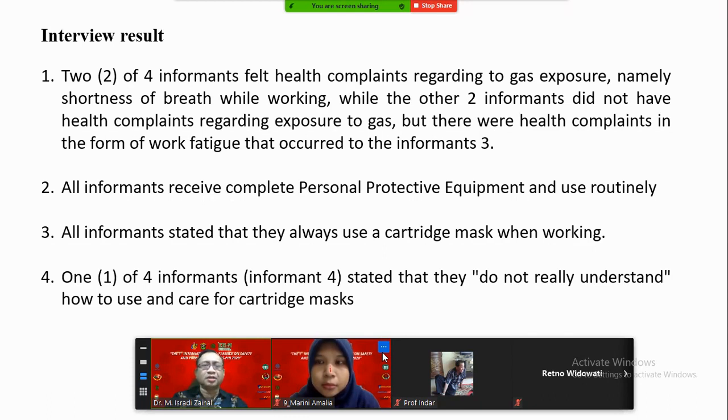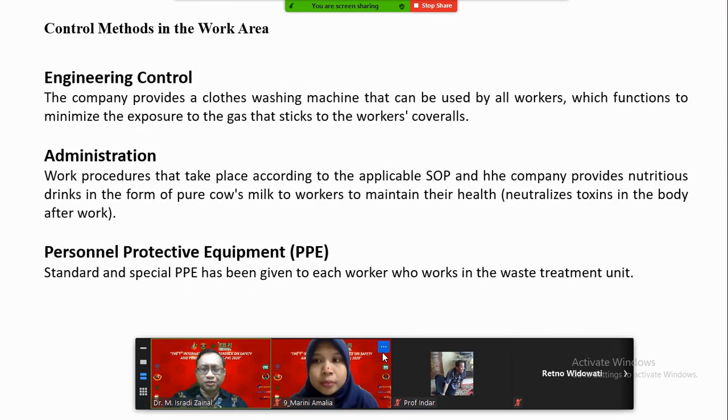All informants receive complete PPE and use it routinely, and state that they always use it when working. One of the four informants stated that they do not really understand how to use and care for the cartridge mask.